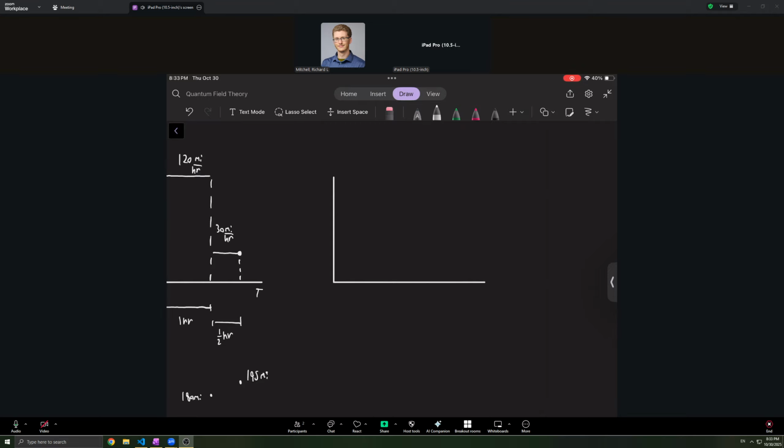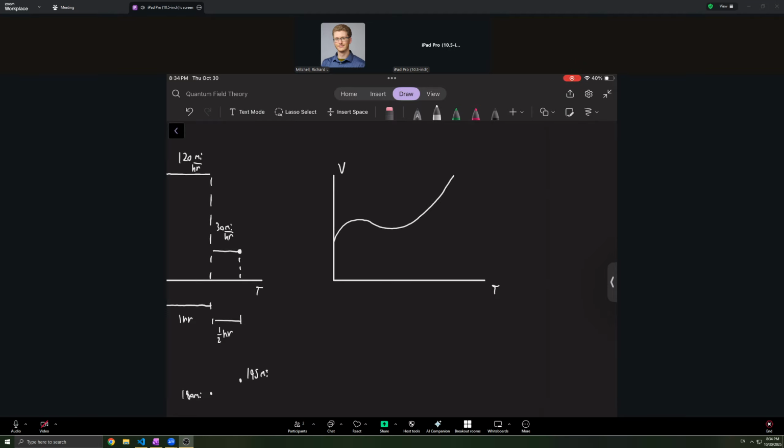For example, let me give some example data over here, where I'm not specifying values yet, but maybe we have some velocity versus time graph that looks like this, where really at no point in the whole motion is the car ever technically going at a constant rate. Maybe you could say it's going at a constant rate up here or here, but if it does so, it doesn't do so for long.